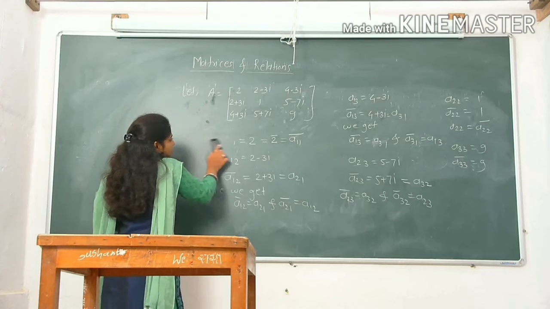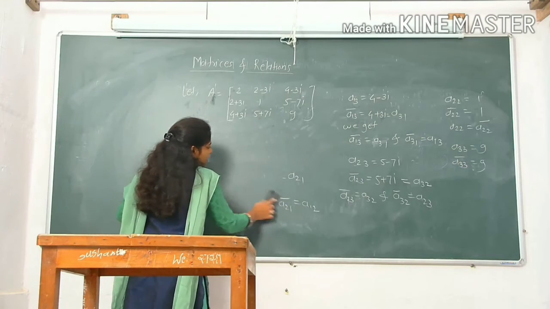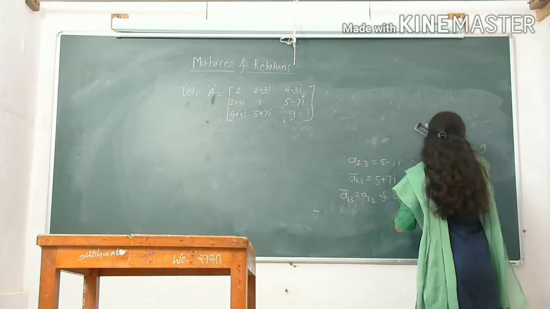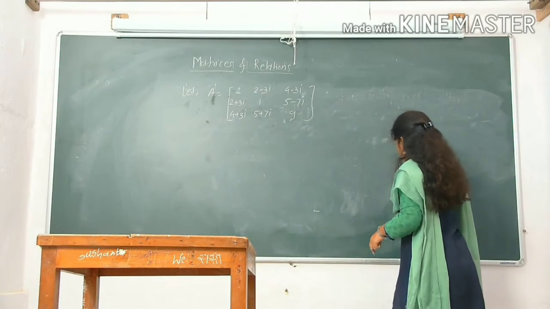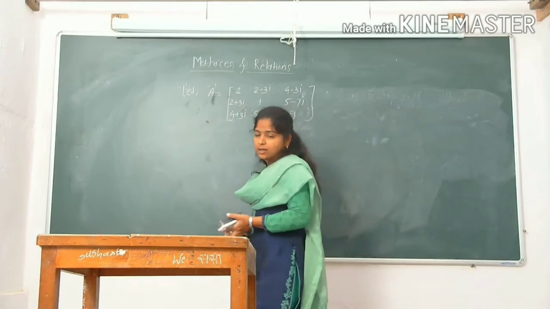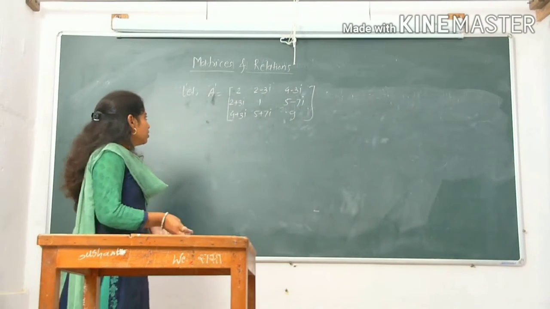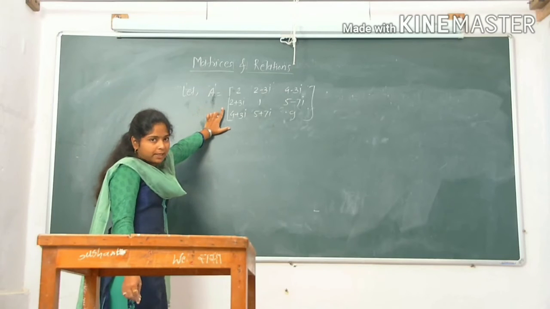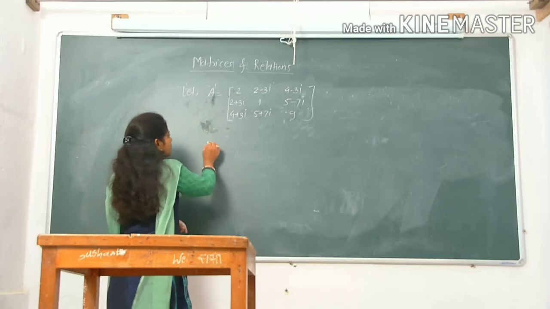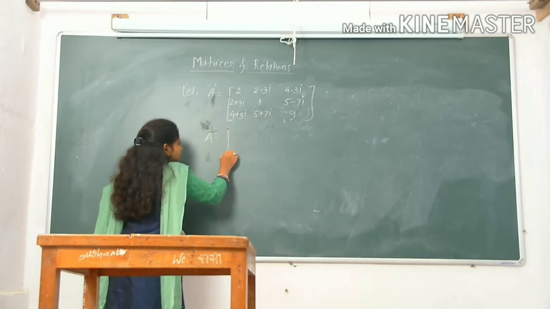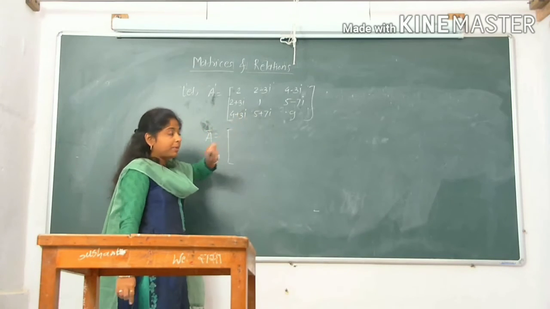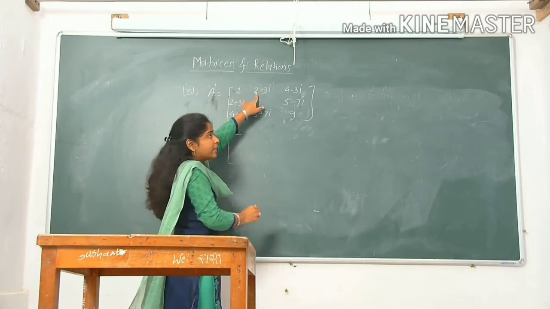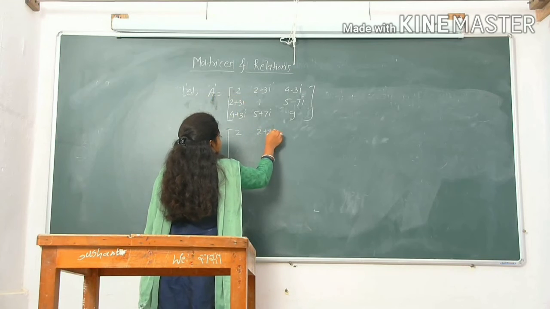Now, let us see another thing about Hermitian matrices. I take the same example. So given that A is equal to this matrix, now we take its conjugate. So we take the conjugate of each element of A. Conjugate of 2 is 2. Conjugate of 2 minus 3i is 2 plus 3i.